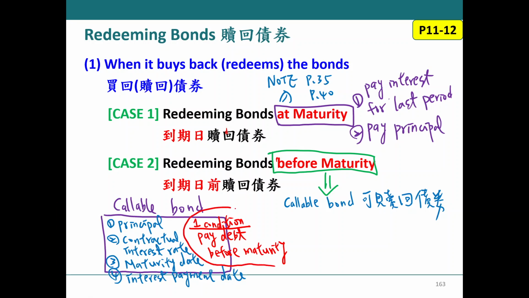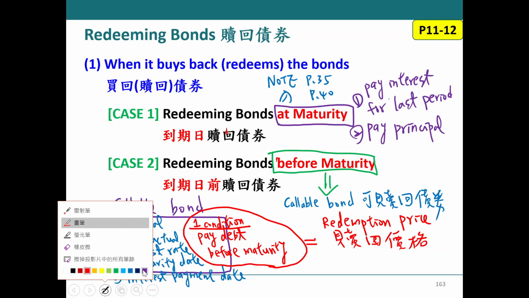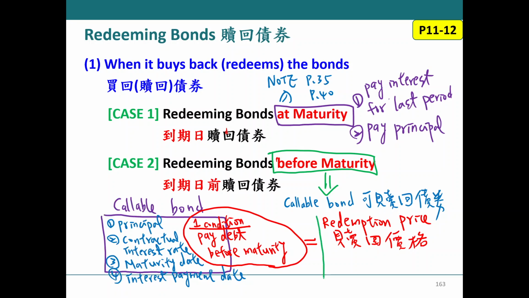So in order to do that, investors will tell you redemption price, 赎回价格. So what does it mean? Redemption price, 赎回价格. How much money you have to pay in order to buy back the bond?